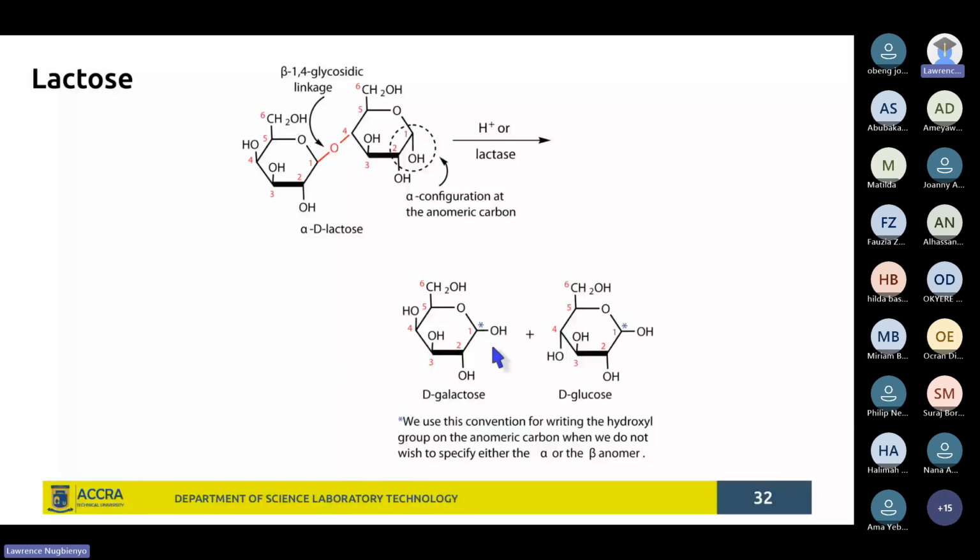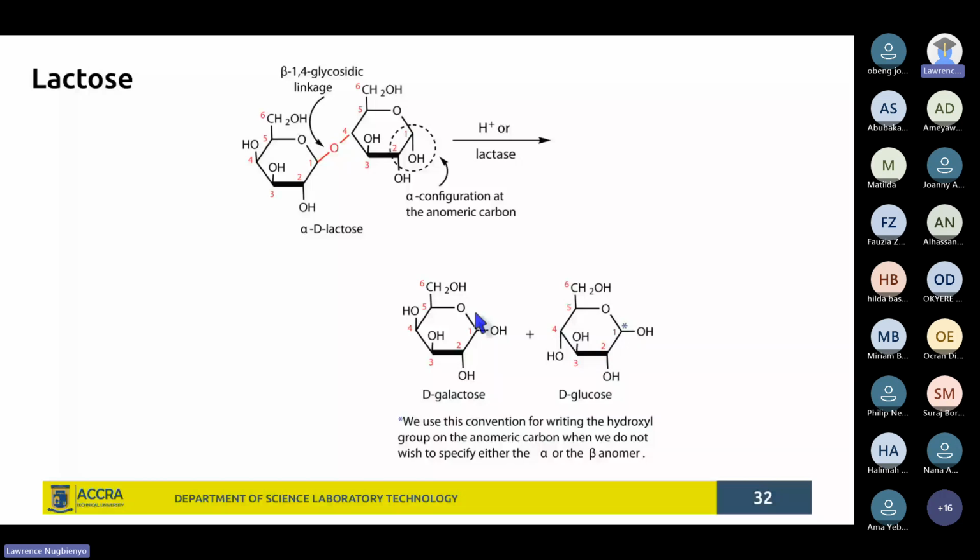When we refer to the alpha and beta configuration, we talk of the fact that if the hydroxyl group is facing downwards, that is an alpha configuration, and if it's facing upwards, that is a beta configuration.